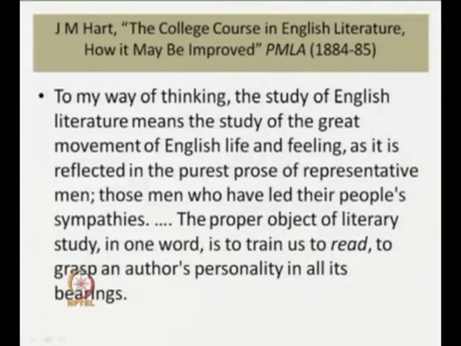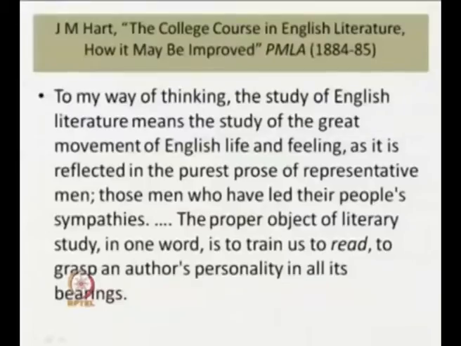I found this in Rita Raley's resource on the net that you can look up. Let us read this slowly and see how, from the 19th century, the whole idea of improving the college course or syllabi in English literature has changed over the years.